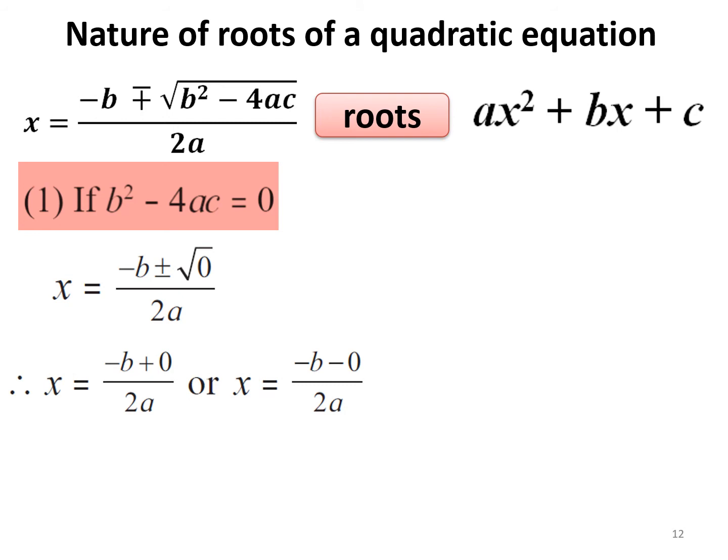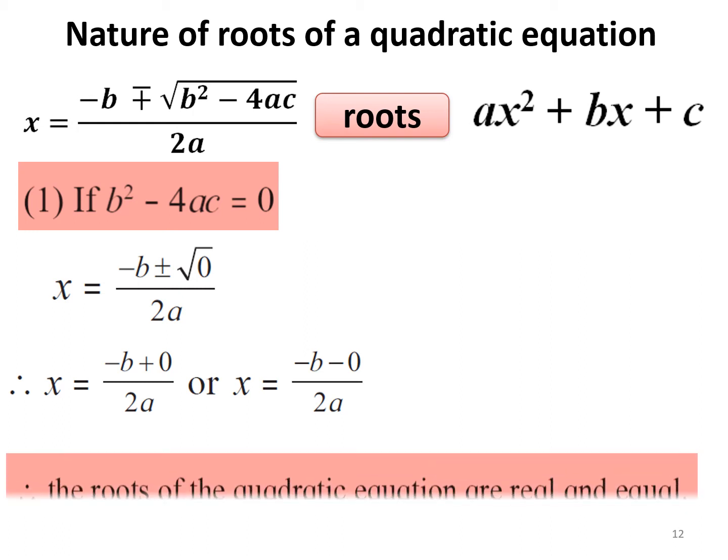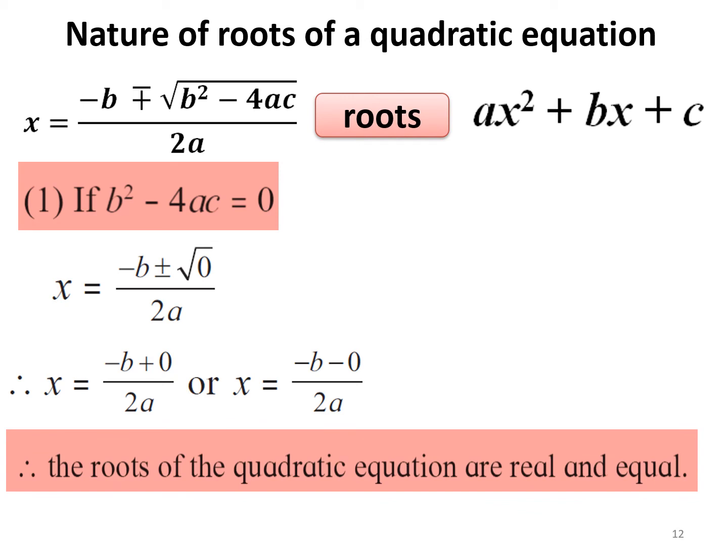So I get two values, x is equal to minus b plus 0 upon 2a, which will ultimately give me minus b upon 2a, and x is equal to minus b minus 0 upon 2a, which will give me minus b upon 2a. So in both the cases the roots are equal, that is minus b upon 2a, and they are real. So when b square minus 4ac is equal to 0, the roots of the quadratic equation are real and they will be equal.